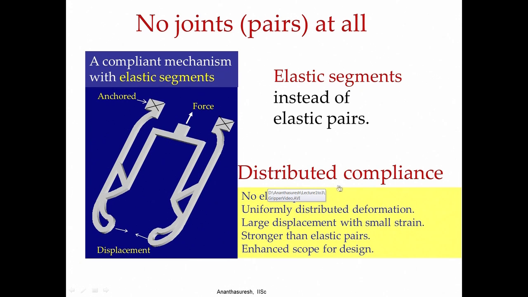That is a characteristic of a distributed compliant mechanism, and the deformation when it moves, as you will see, is more or less uniformly distributed throughout the mechanism. It will not be the same everywhere, but the entire mechanism is going to be deforming, and you have large displacement here, but small strain.